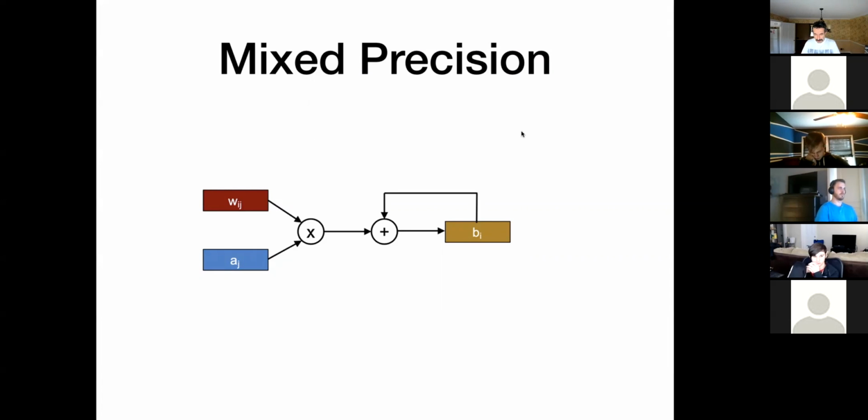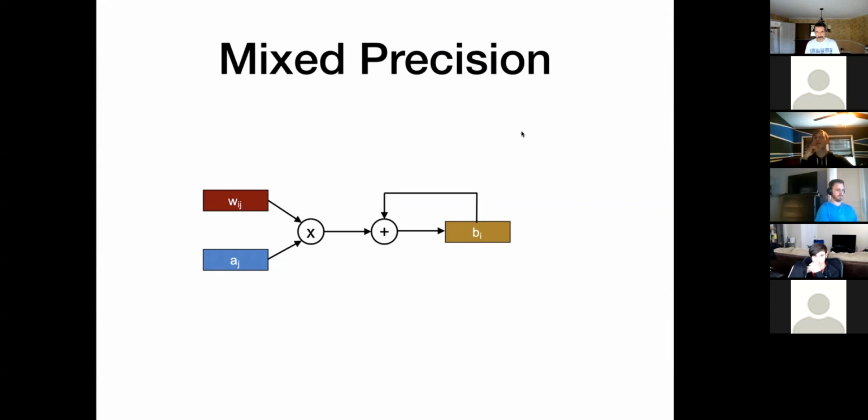Since we know that each operation consumes a different scale of energy, let's go into the detail of these operations, see what the opportunities are, and make it much more concrete.